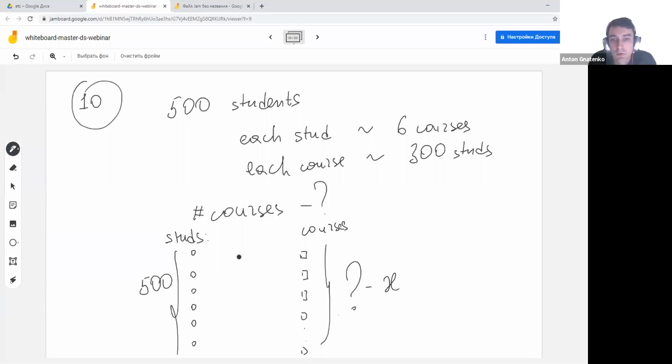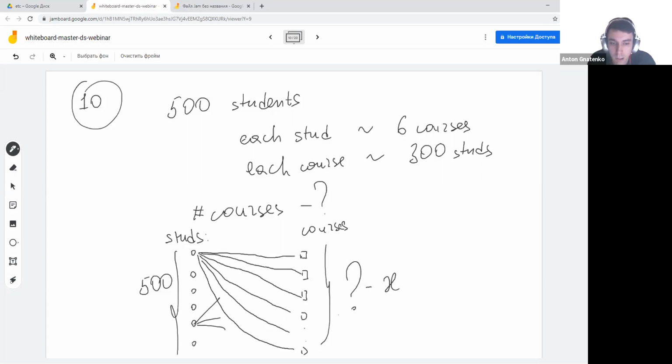Each student attends 6 courses. Let's imagine that each student is connected to the course he or she attends with a line. So each student attends 6 courses, which means there are 6 lines going out of each student, and they go somewhere here.